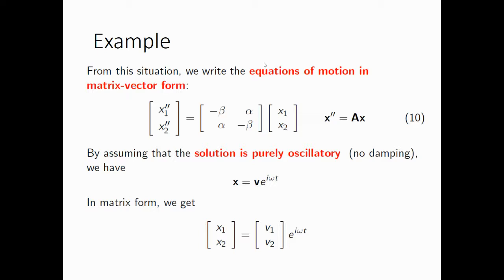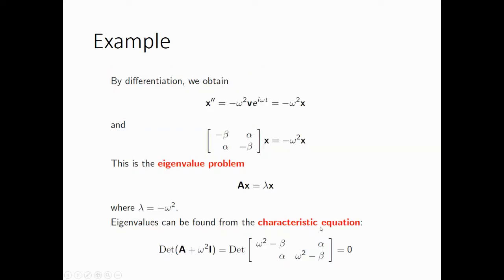We have x is equal to v times e to the i w t. In matrix form, we get x1, x2 is equal to v1, v2 times e to the i w t. By differentiation, we can get another form for x double prime and get the matrix minus beta, alpha; alpha, minus beta times x is equal to minus w squared x.